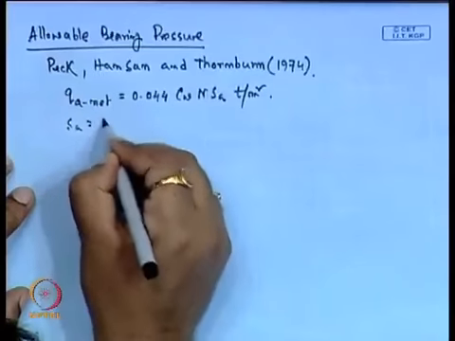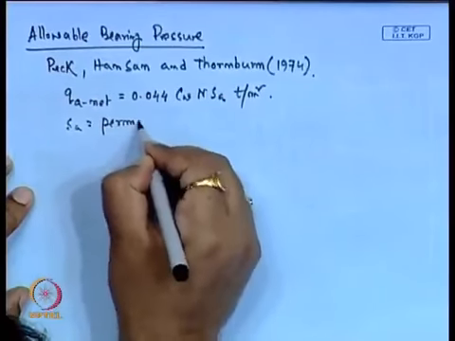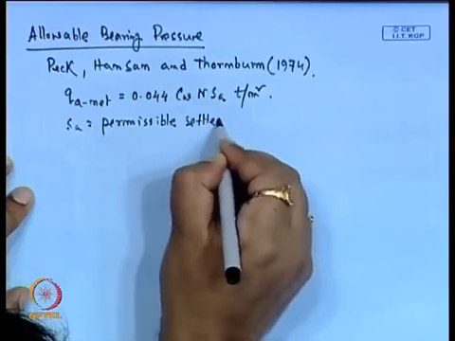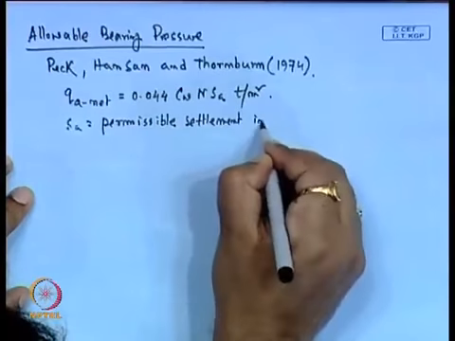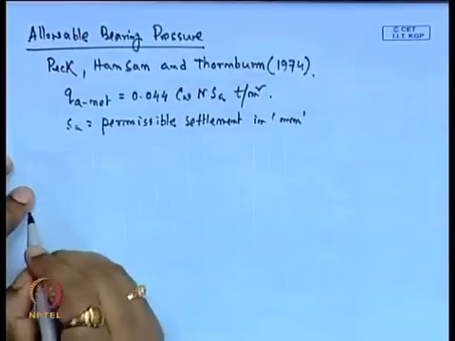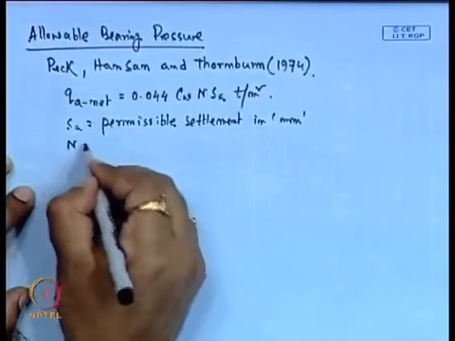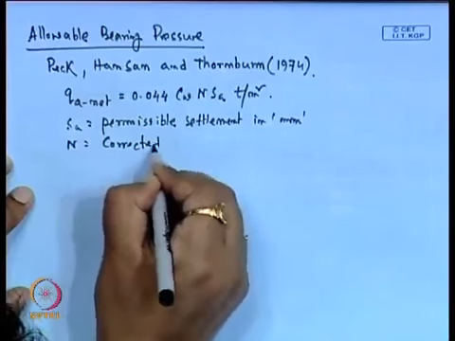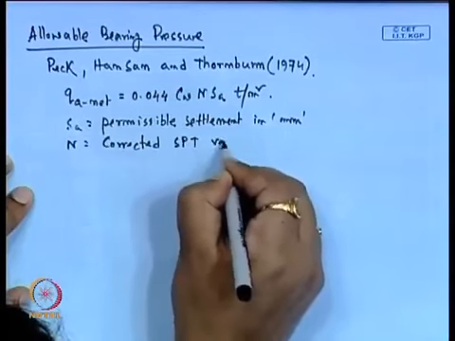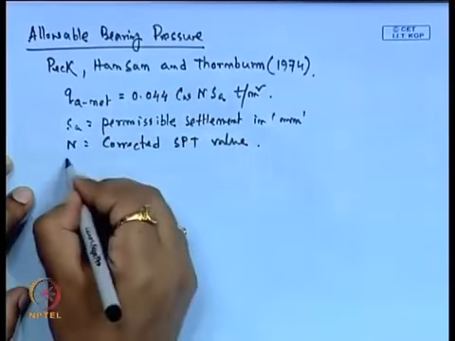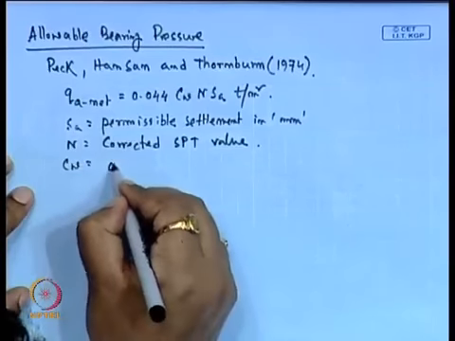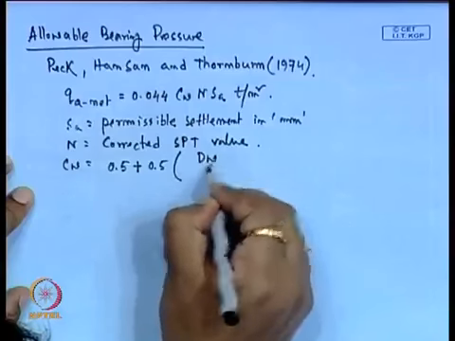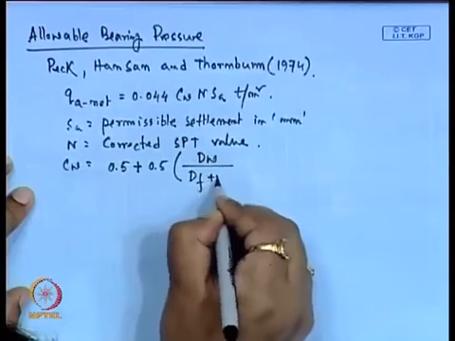SA is the permissible settlement in millimeter, and N is the corrected SPT value, and Cw is the water pressure correction, that we will consider 0.5 plus 0.5 dW by dF into B.